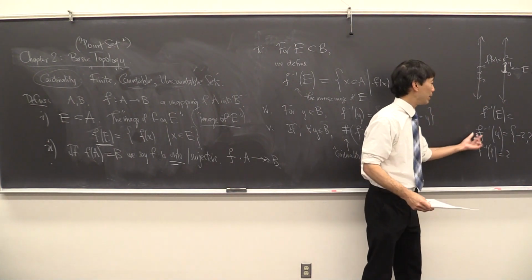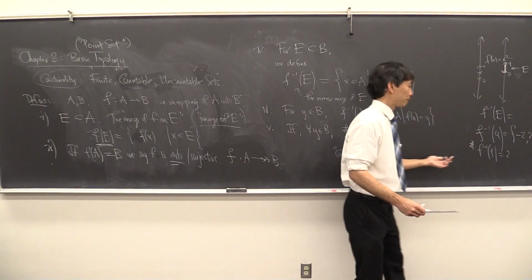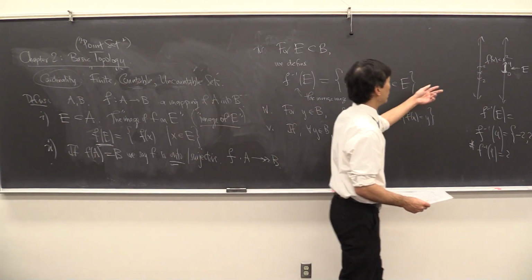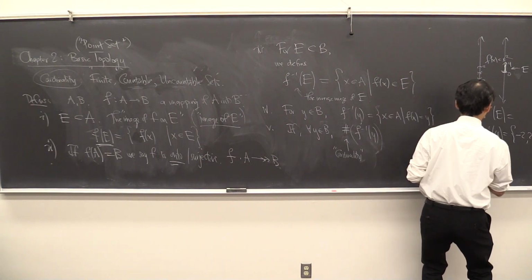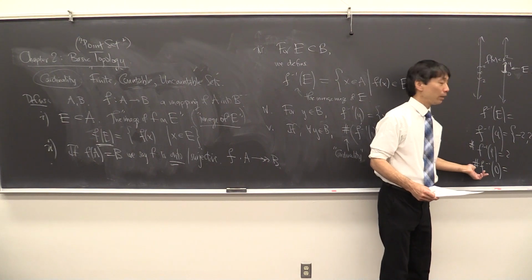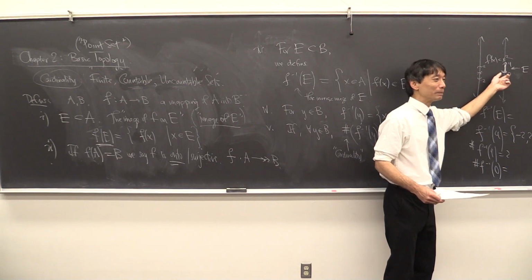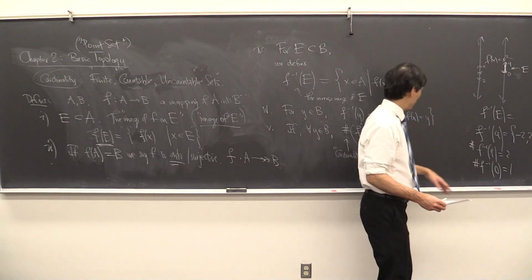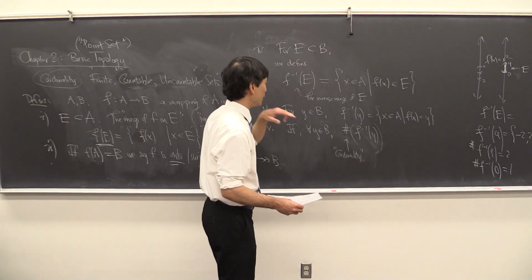How many elements are in the set? There are 2 elements. If I look at f inverse 0 and look at its cardinality, how many things get sent to 0 by the squaring function? Just 1, so this is going to be 1.